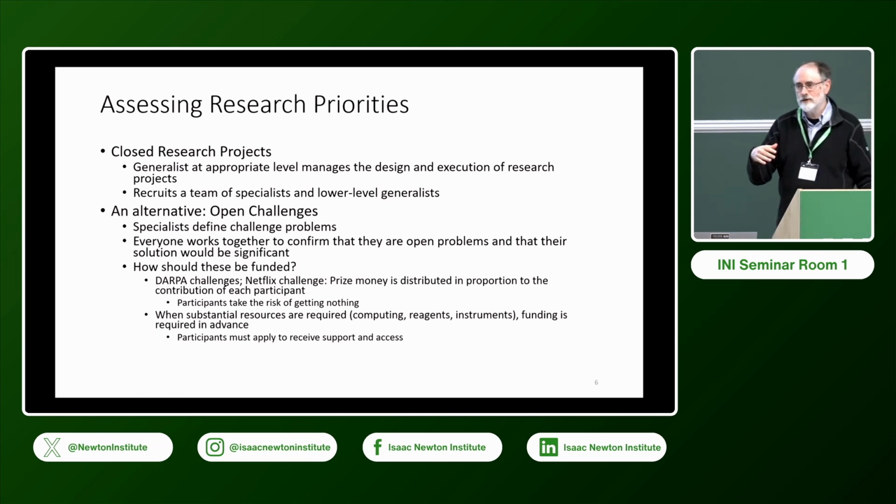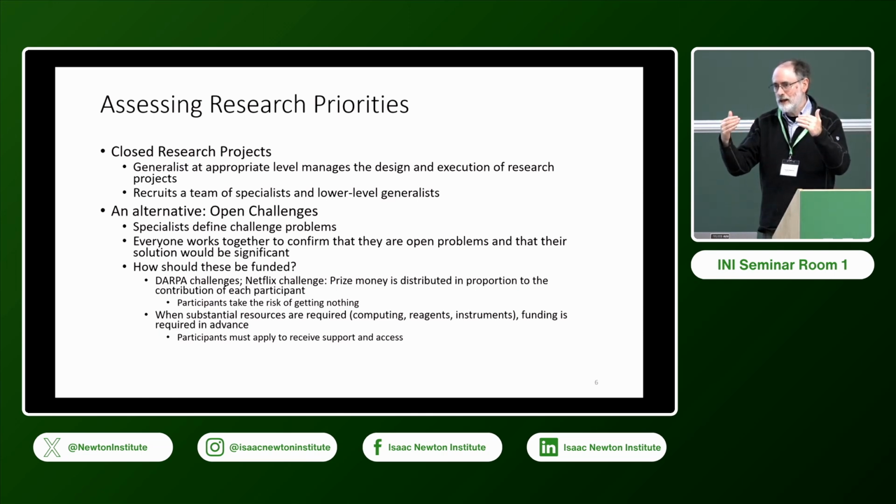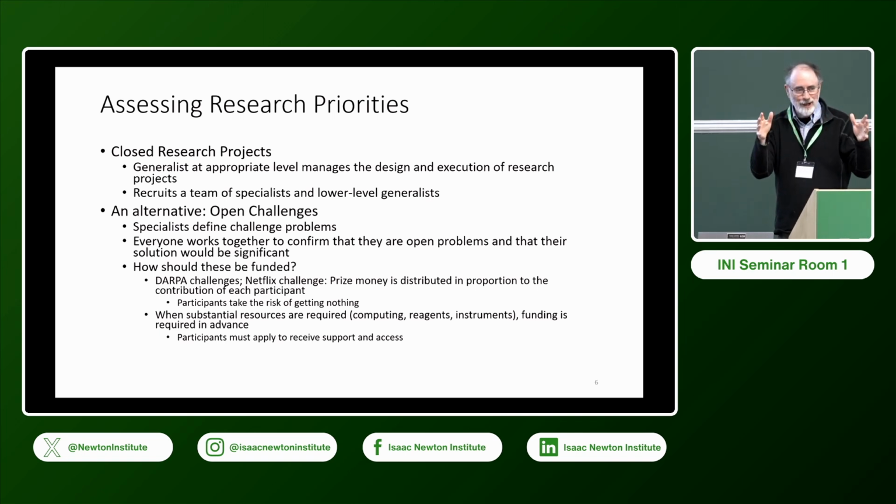In computer science, there have been some open challenges, and maybe one of the most famous was the Netflix challenge. So Netflix wanted to improve their movie recommendation system, so they made available anonymized, actually insufficiently anonymized, data about movie viewing, with a $1 million prize for the team that could get the best results.